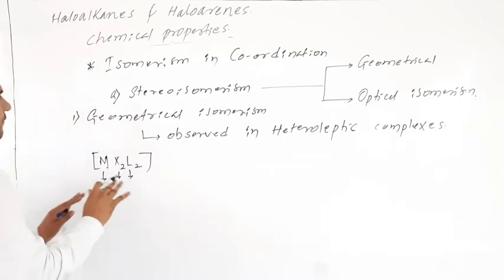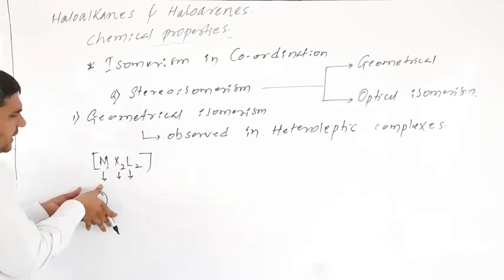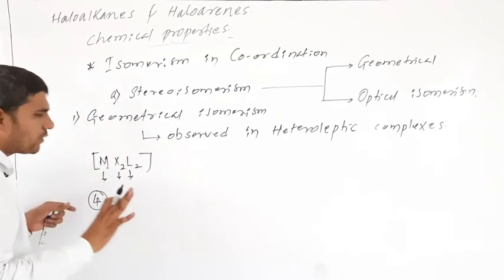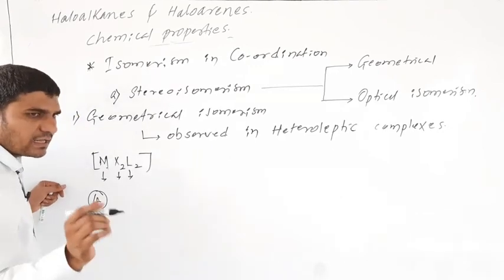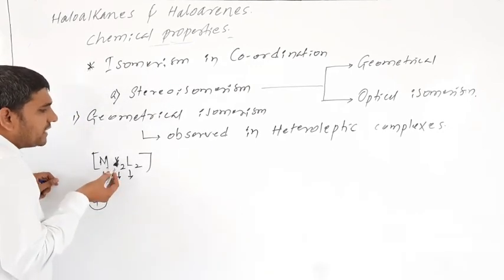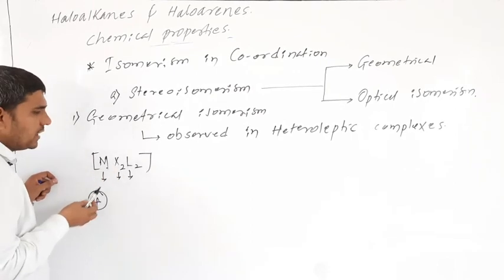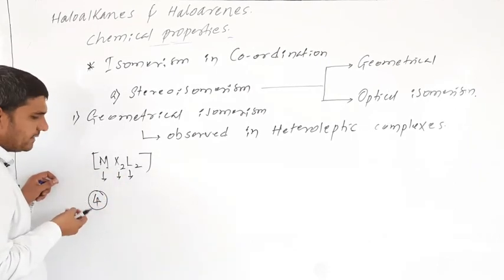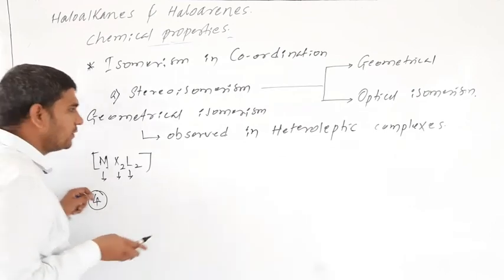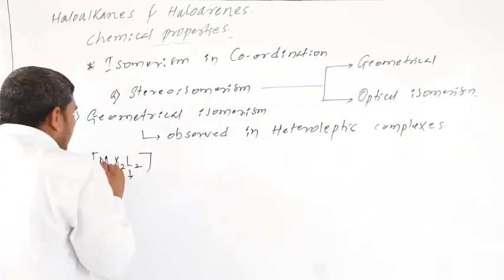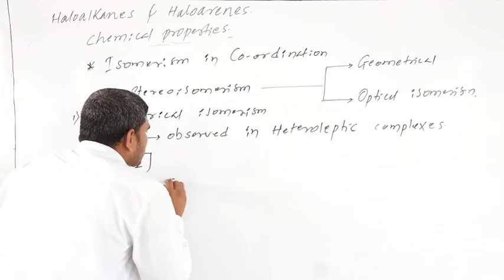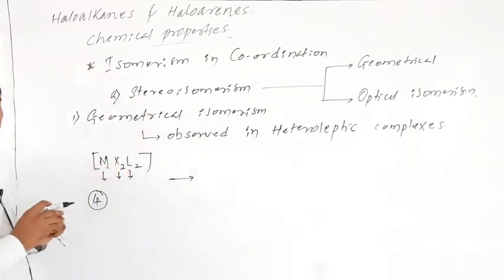Means you will find geometrical isomerism in complexes with coordination number 4. Coordination number is nothing but the number of ligands to which a central metal atom gets attached. How many ligands are there? 4 ligands. What is the coordination number? 4.